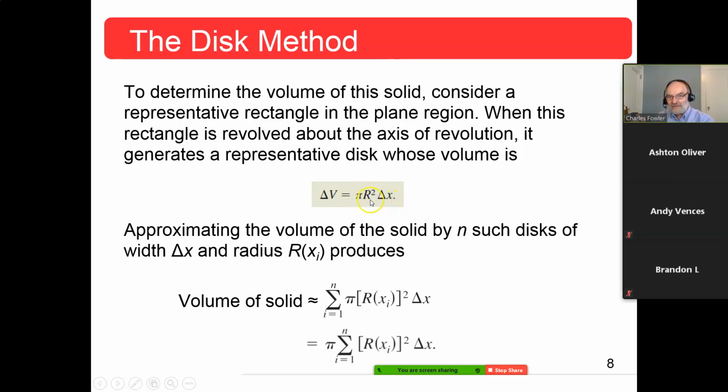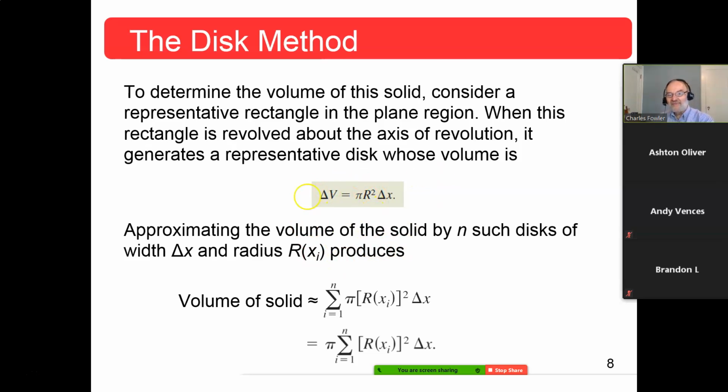That r is the radius, the length of that rectangle going around there. There is your capital R, that's the length, f of x minus whatever your axis of revolution is.